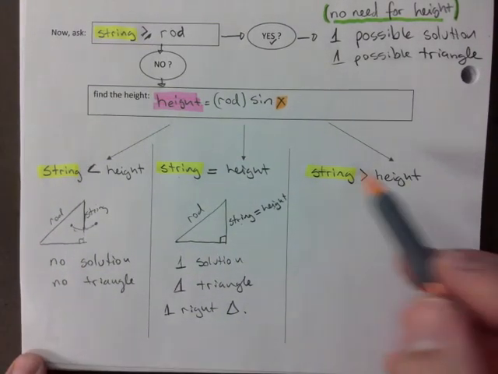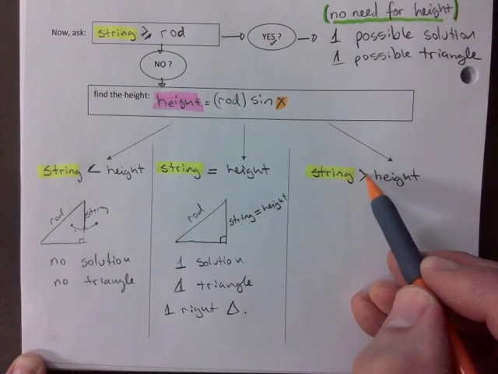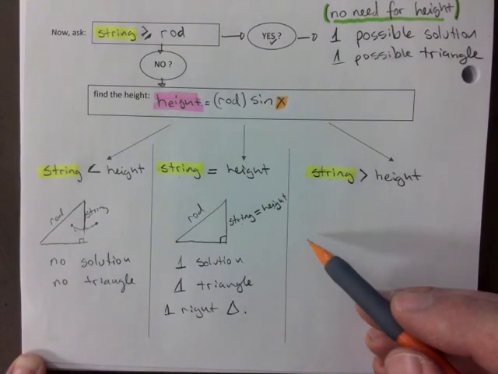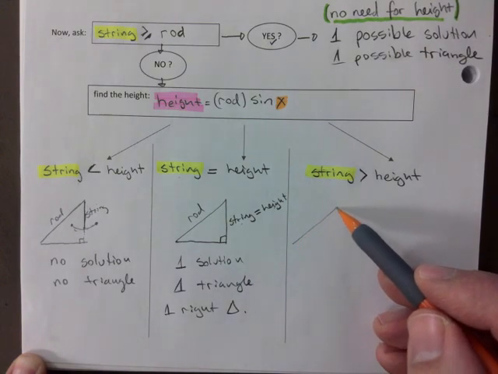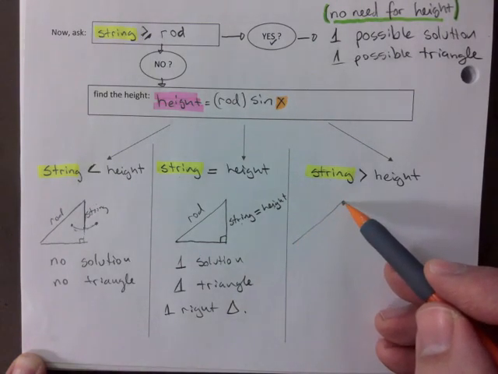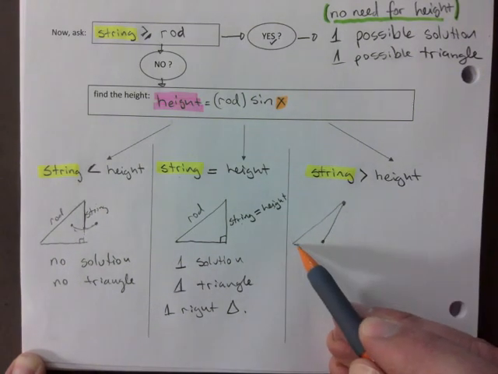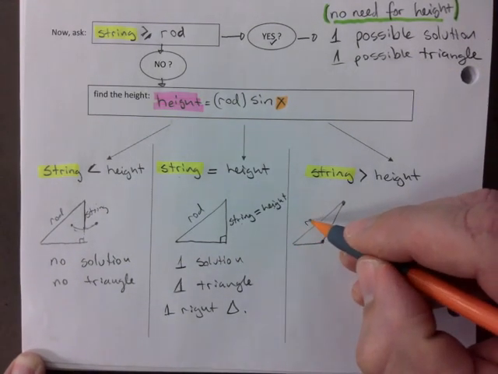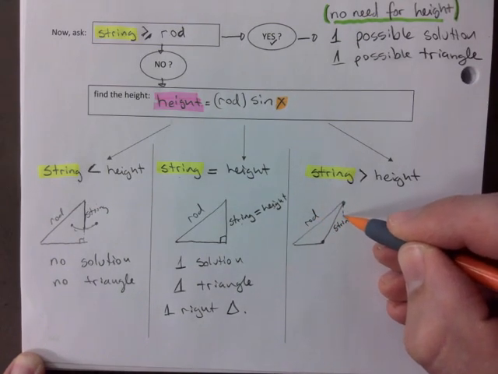And then the last, most interesting of all: if you determine that the string is greater than the height, you have two solutions. Let me do this here. I'm going to try my best. You have one instance where the string swings in. This is your rod. This is your string. Here's the height, guys.